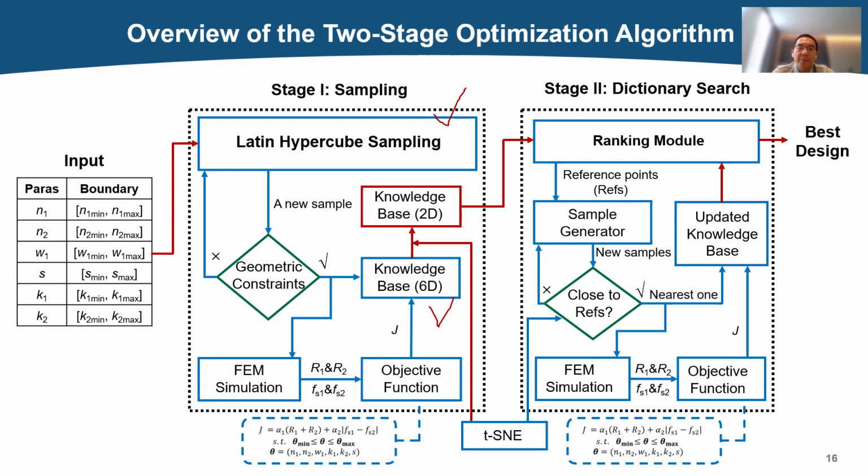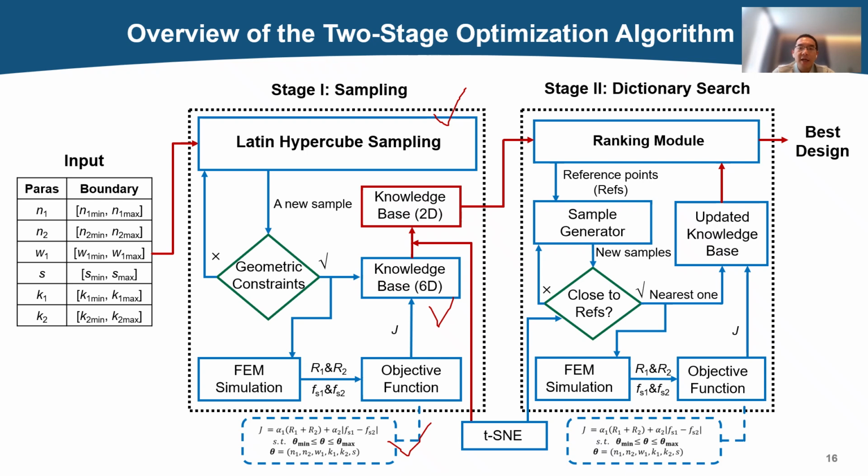At the same time, each valid parameter set is simulated using FEM to extract the corresponding equivalent series resistances and the resonant frequencies. These outputs are then evaluated through the objective function, and the resulting objective values are recorded in the knowledge base.